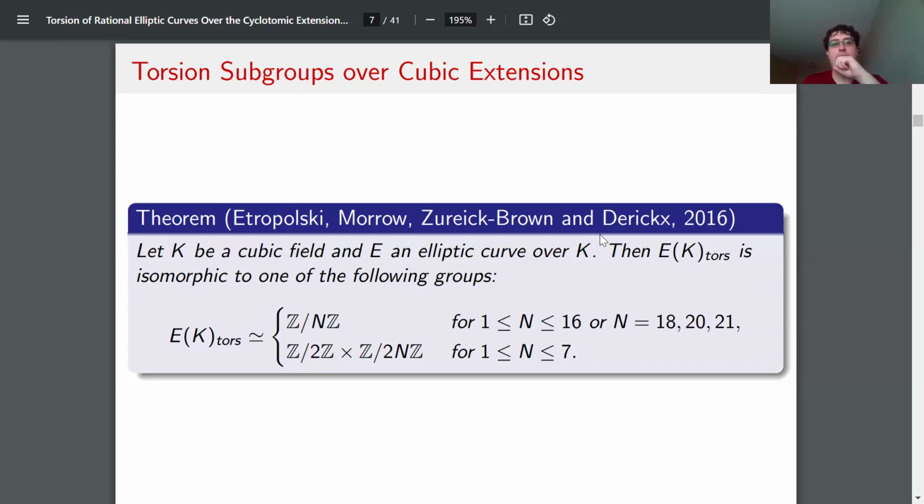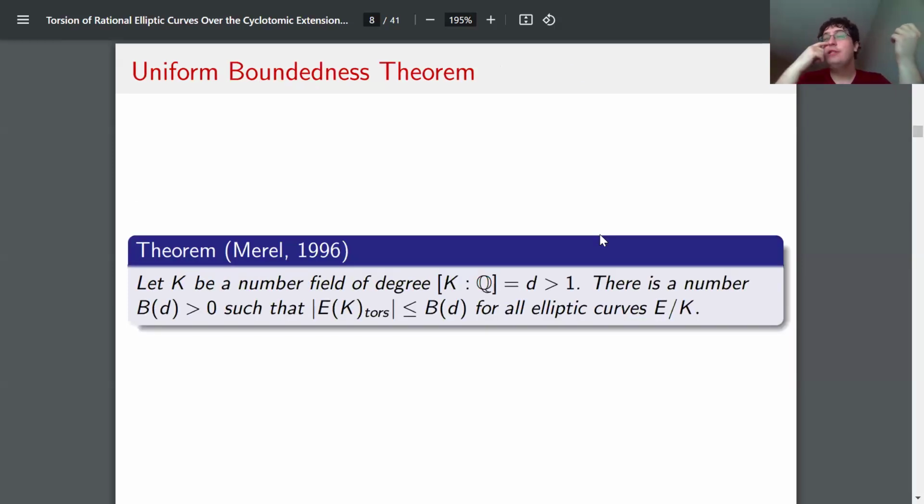fields of that degree? And actually the answer is yes, because due to Merel's uniform boundedness theorem, if K is of degree d, a degree d extension, then there's a bound depending only on the extension degree, such that the order of E(K) torsion can be bounded by this B(d), this bound, for all elliptic curves defined over K, and K is varying over all such fields.